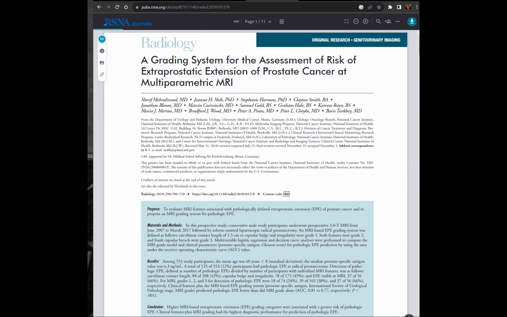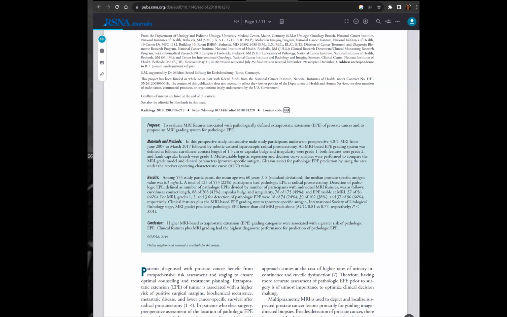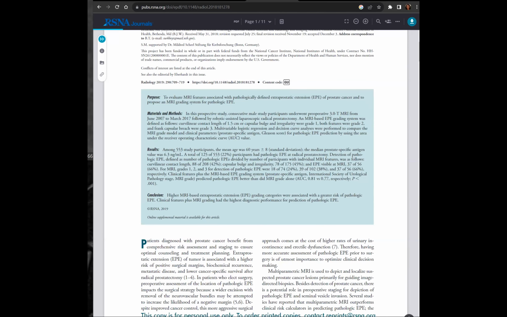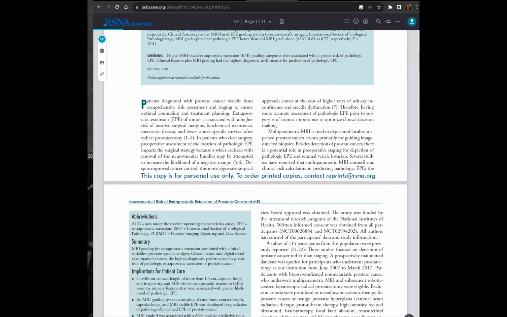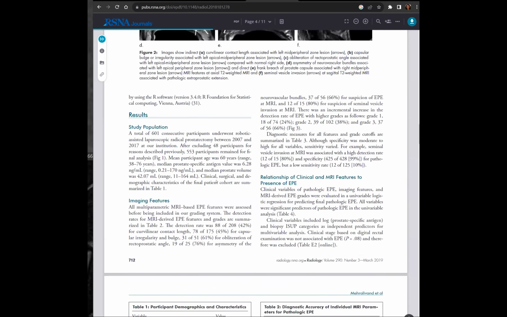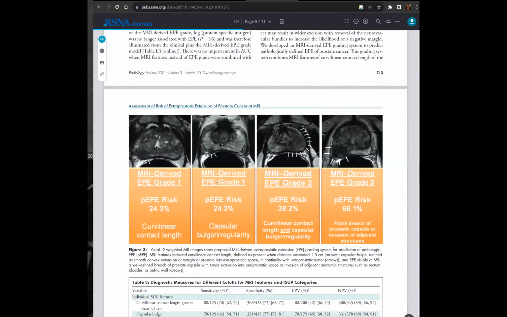Rather than just kind of describing it, it's more of a scale, right? Just like any of the scales that we use, the higher the score, the more worrisome it is. And it goes from 1, 2, and 3. That's the 1.5 centimeter tumor contact length that Aarti was alluding to earlier.